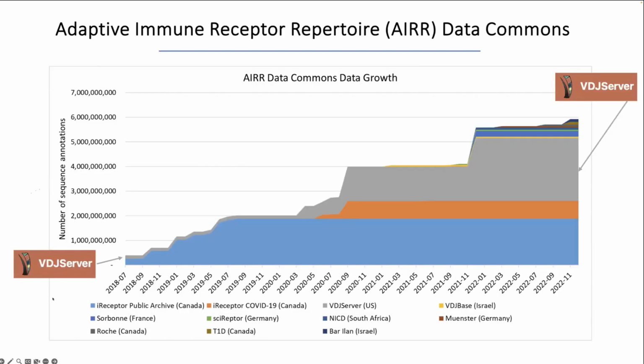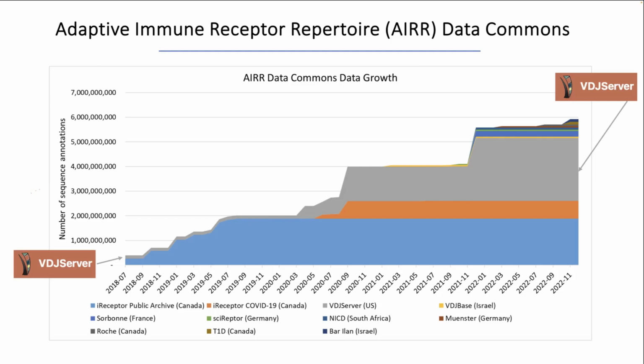I'm very happy because this data commons has grown quite significantly. We have well over 5 billion sequence annotations in the data commons. The number of studies doesn't sound nearly as impressive. It's around 90 studies, but some of those studies are very large, containing both B cell and T cell data, across a number of diseases.